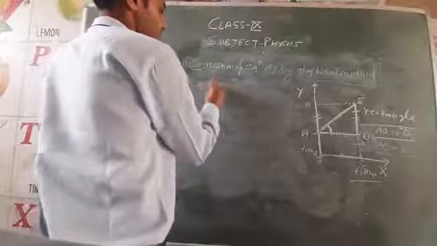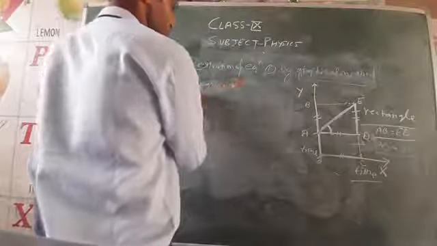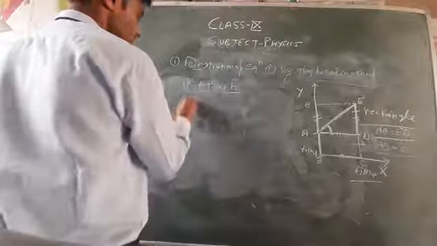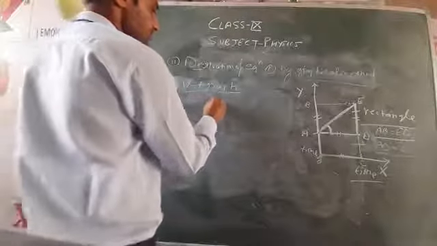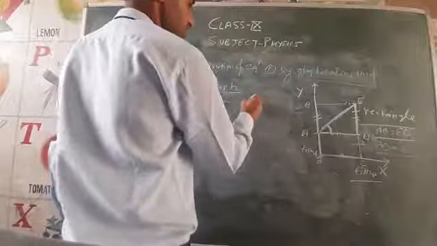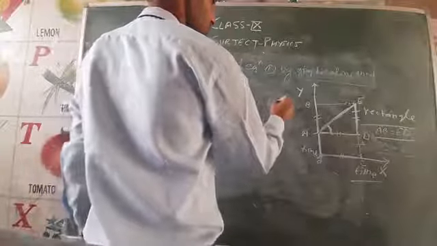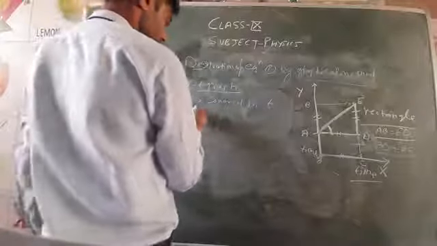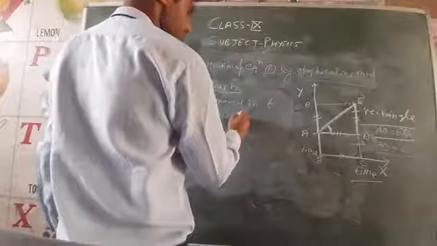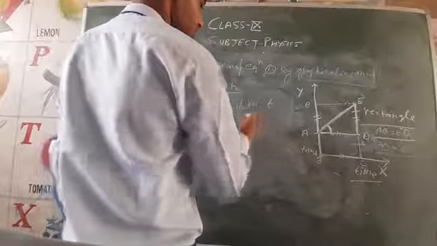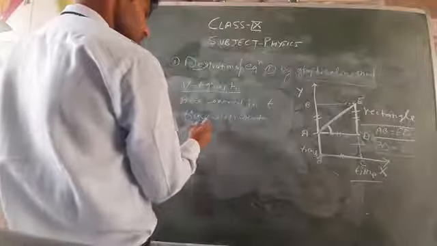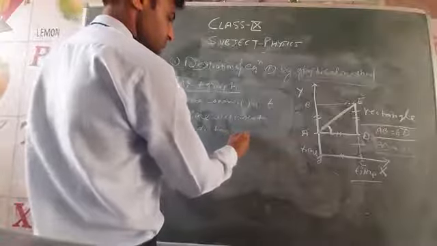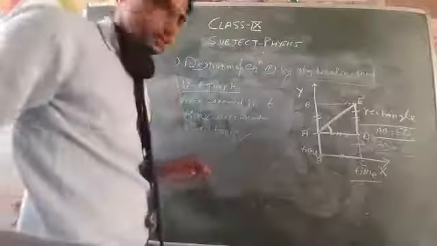VT graph: area covered in time t represents distance. You have to note this point.